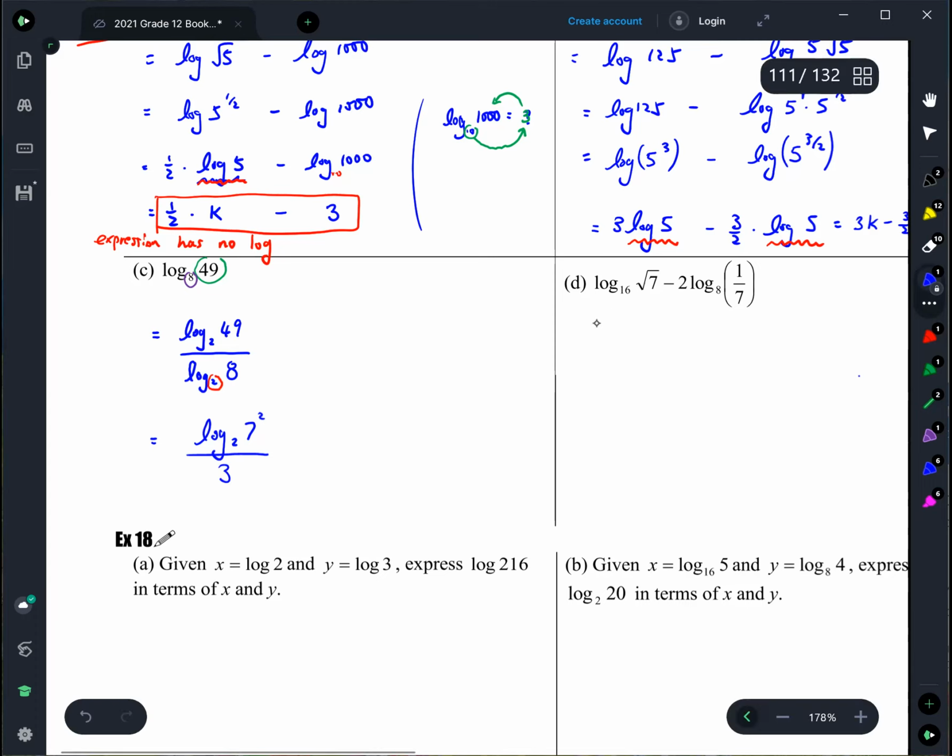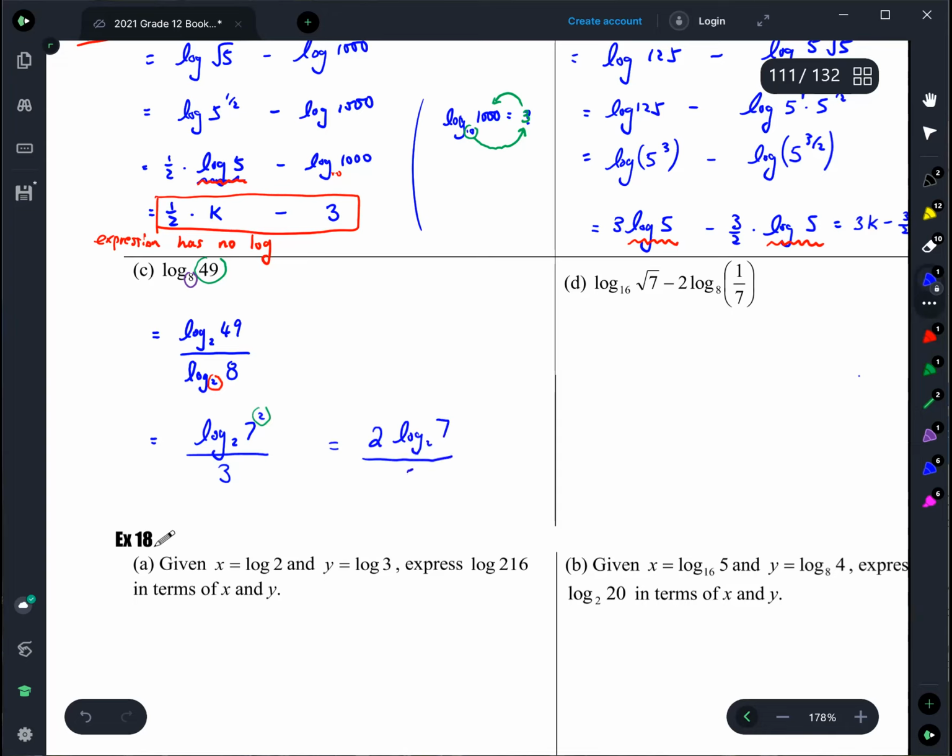Okay, can you raise your hand if you caught up to here, understand to this step? All right, now we apply the log power. 2 can go to the front, so it becomes 2 log base 2 of 7.